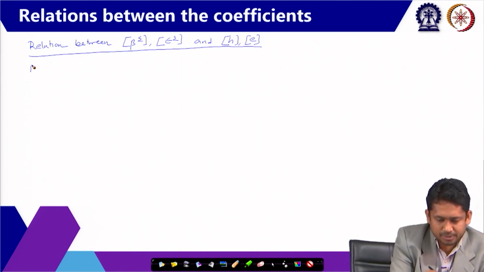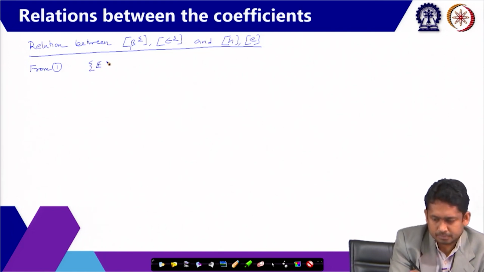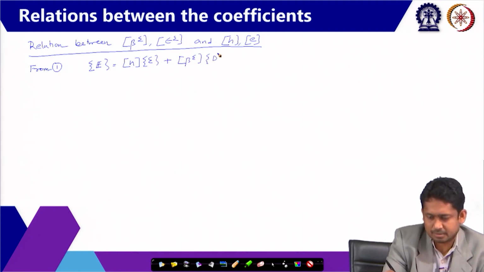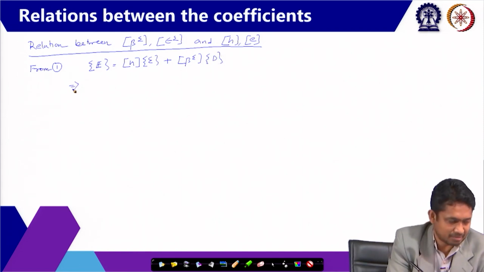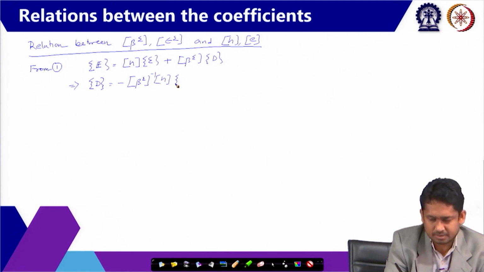Now, we can write from equation 1 that the electric field is equal to h multiplied by epsilon plus beta^epsilon D, and then if we multiply both sides by beta^epsilon inverse, then we get D is equal to minus beta^epsilon inverse h into epsilon plus beta^epsilon inverse multiplied by the electric field E.